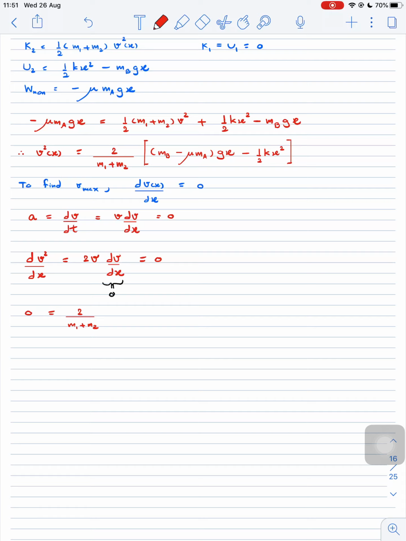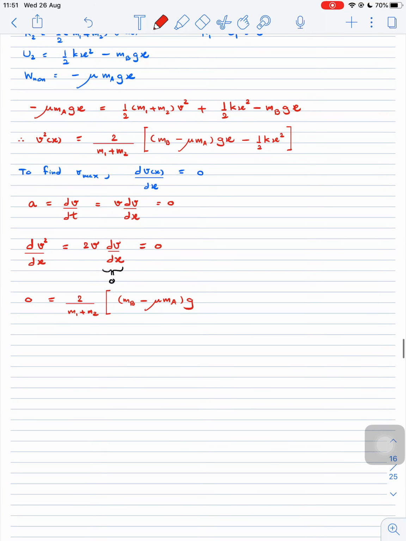This is still the same. And then we have the derivative of this term, just equal to the mb minus the mu times the ma, and then times the g. And then minus, so now the derivative of this equal to k times the x, and that's it.